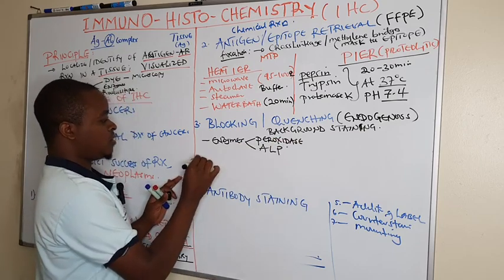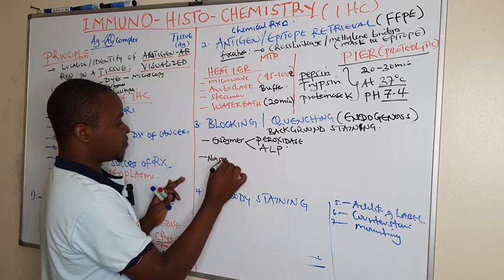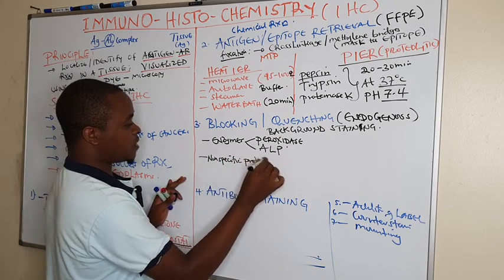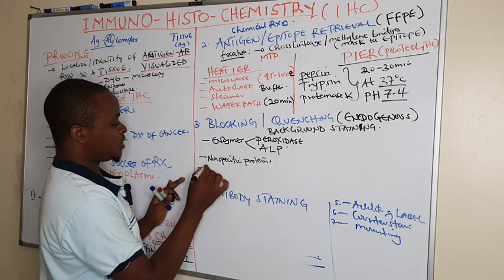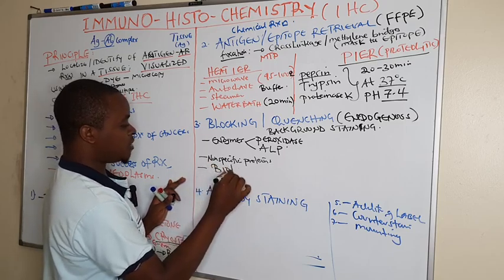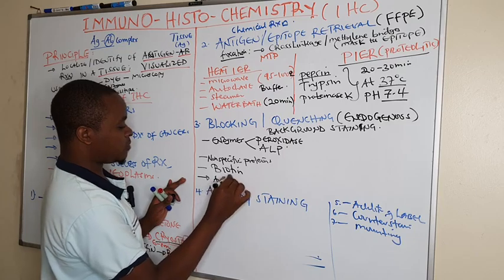They are blocked. We shall also see non-specific proteins, endogenous non-specific proteins, which can also be blocked. We shall see blocking of endogenous biotin in the tissue. We can also prevent autofluorescence.